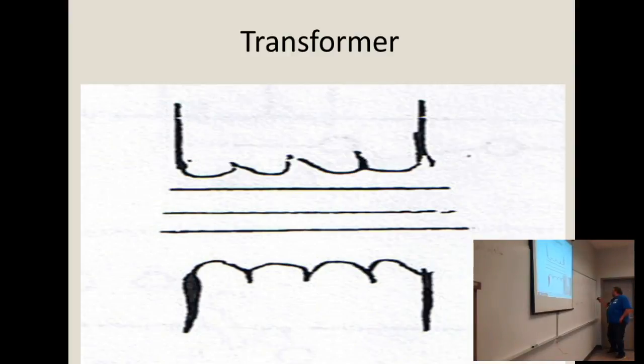So I take an iron core, laminated steel. Why would I use laminated steel? Permanent magnet, that's right. So I take a core and a winding, right?